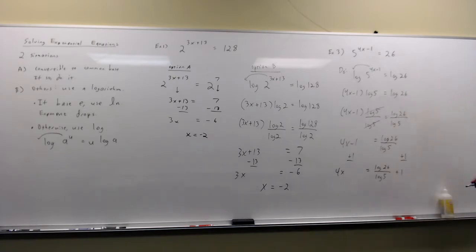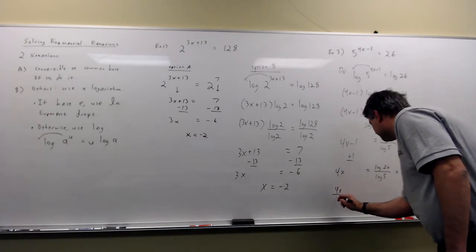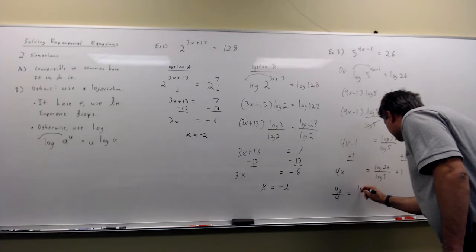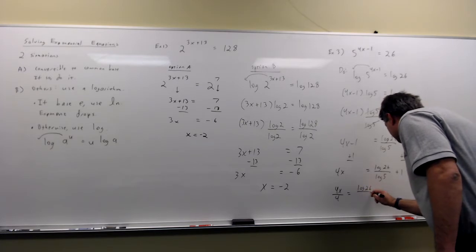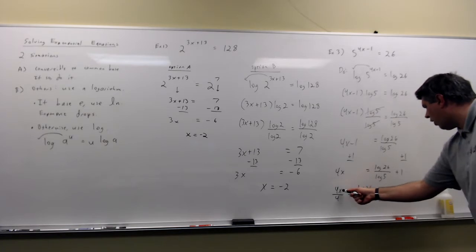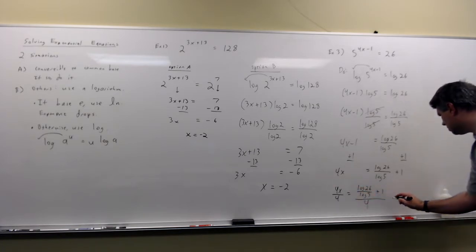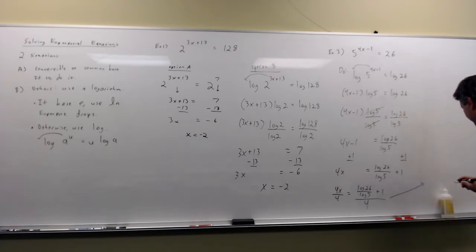Next I need to divide off the 4. I'll be dividing all this over 4. So that leaves me x equals log 26 over log 5 plus 1, over 4.